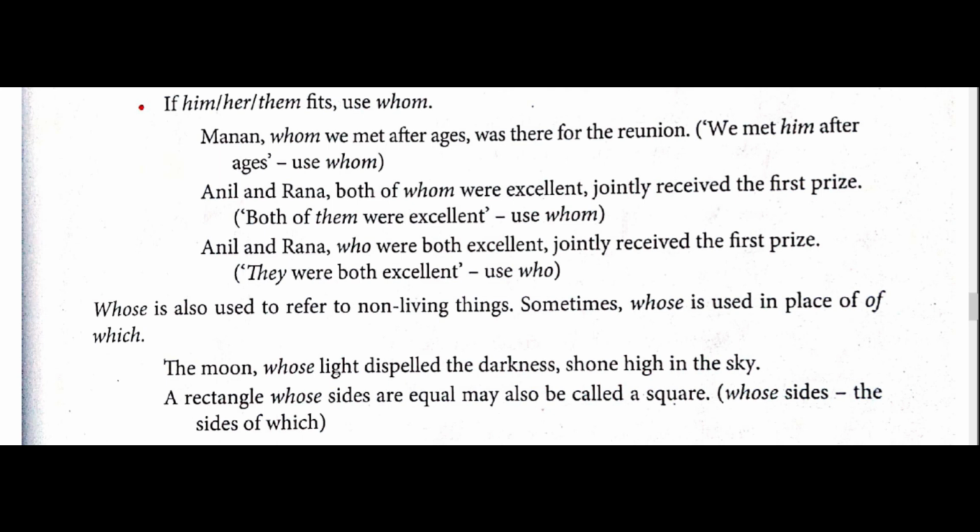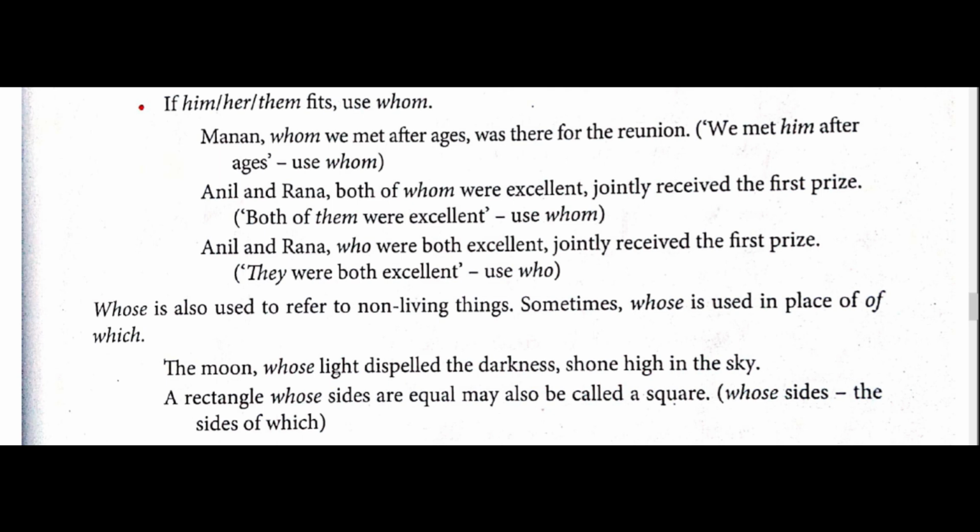Next one. Whose is also used to refer to non-living things. Sometimes whose is used in place of which, that is, of which. So here examples are: the moon whose light dispelled the darkness shone high in the sky.